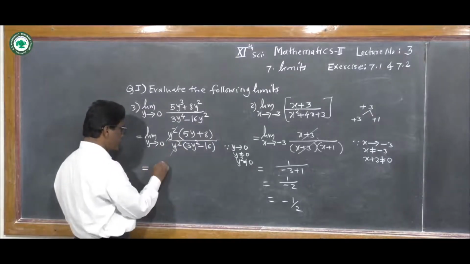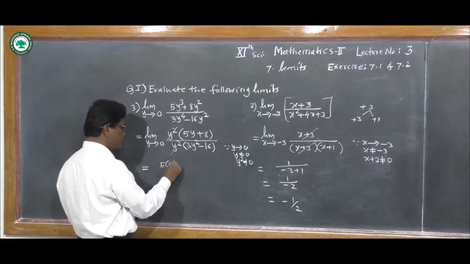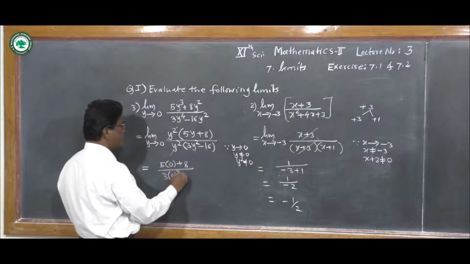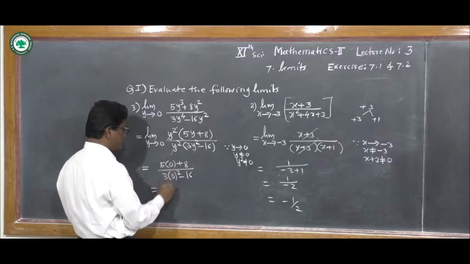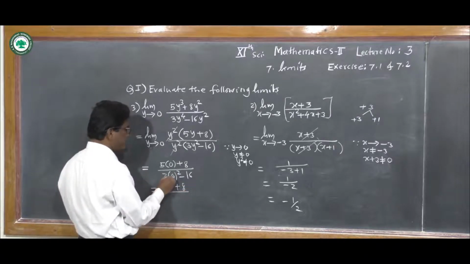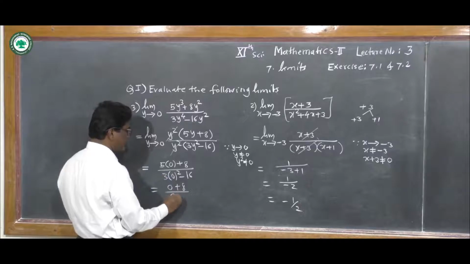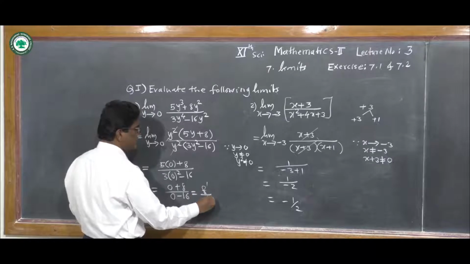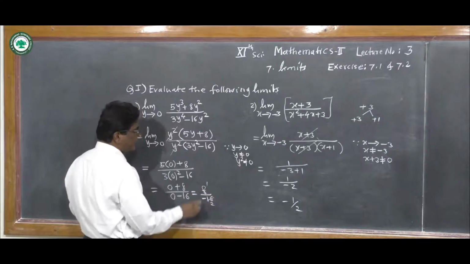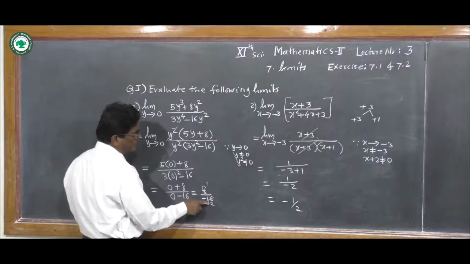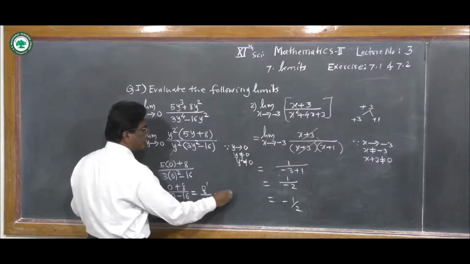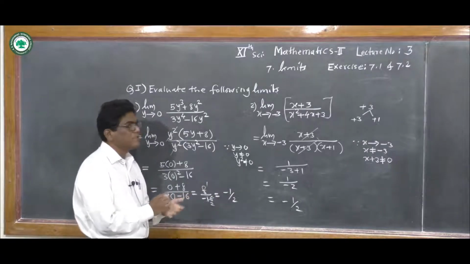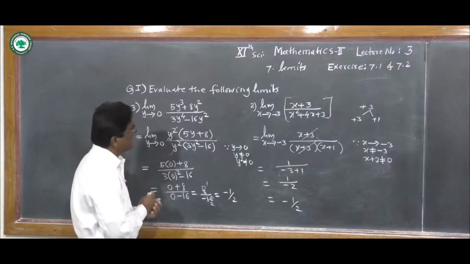It is equal to 5 into 0 plus 8 divided by 3 into 0 square minus 16, which is 8 upon minus 16. 8 ones are 8 and 8 twos are 16, so it is minus 1 upon 2. This is the final solution. We always write the minus sign in the numerator. In this way we have completed this third problem.